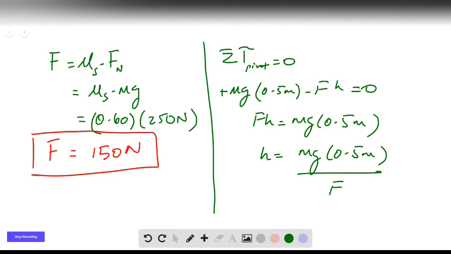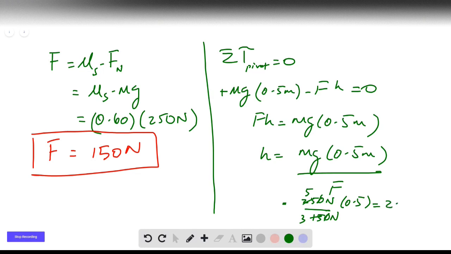So this becomes, if we take mg as 250 newtons, 250 newtons all over 150 newtons times 0.5. These two cancel. 5 goes here 3 times, 5 goes there 5 times.